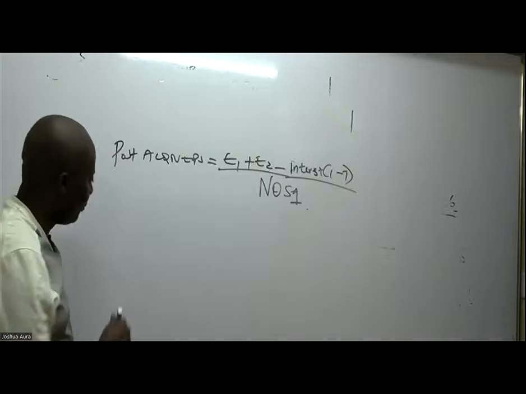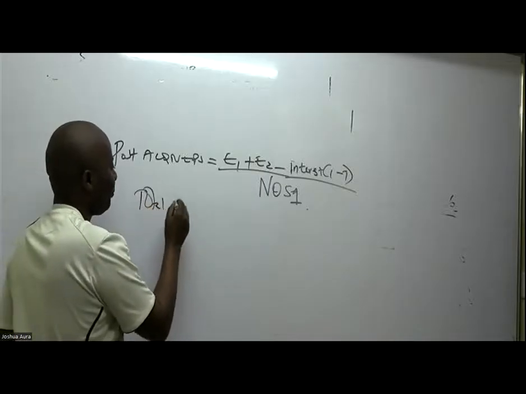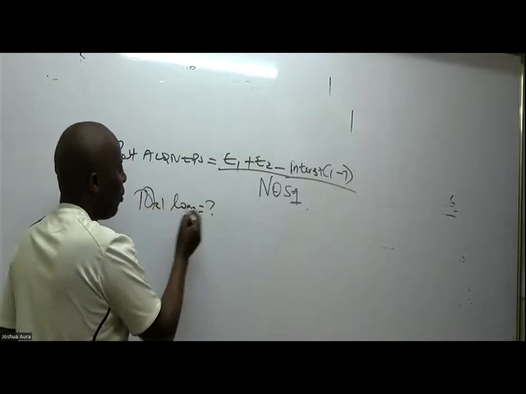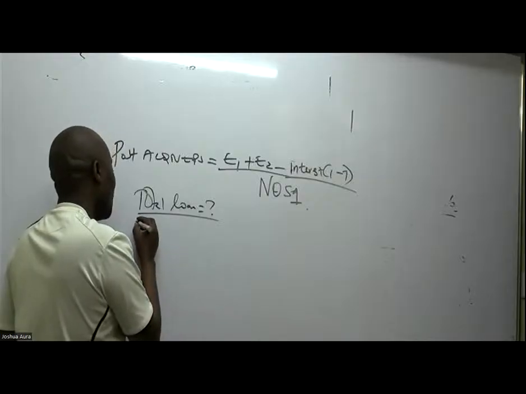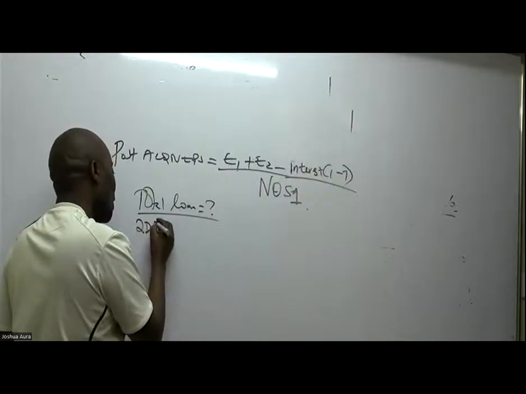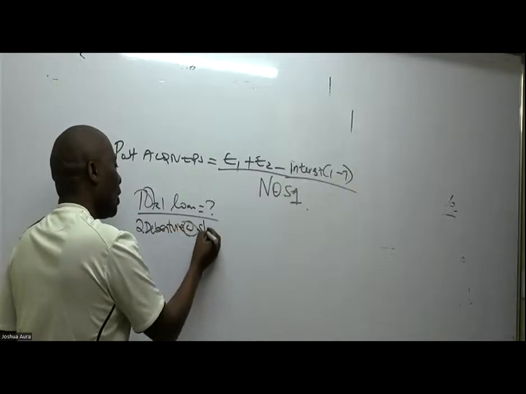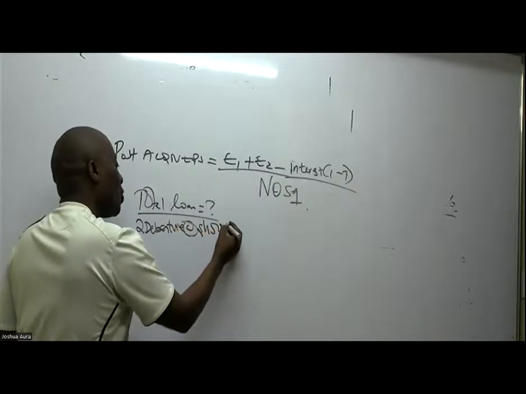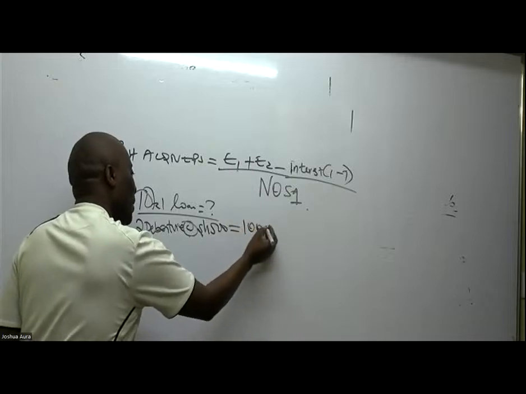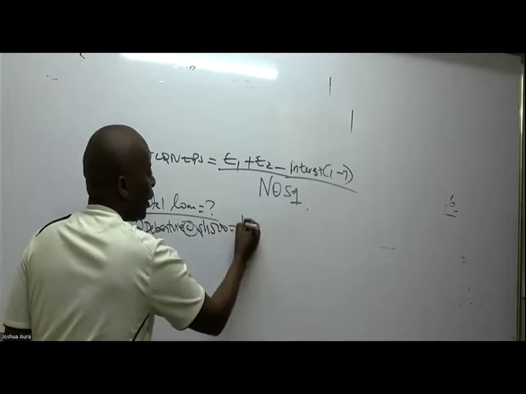From there, the total loan will be how much? We're giving them 2 debentures whose par value is shillings 500. So this is akin to giving them Kenya shillings 1,000.